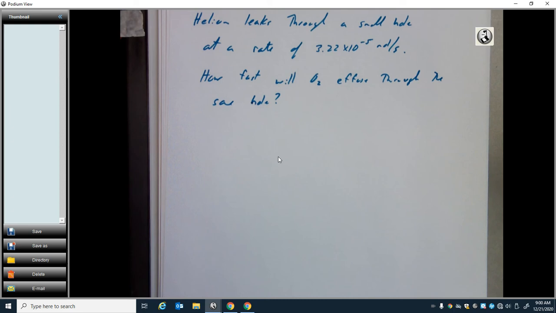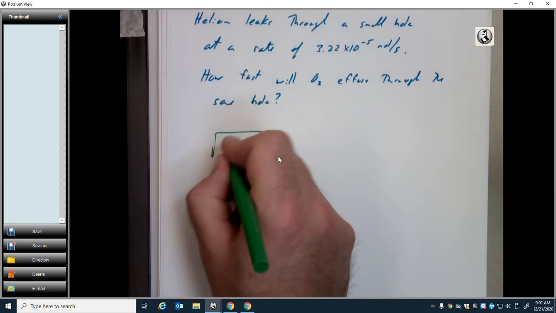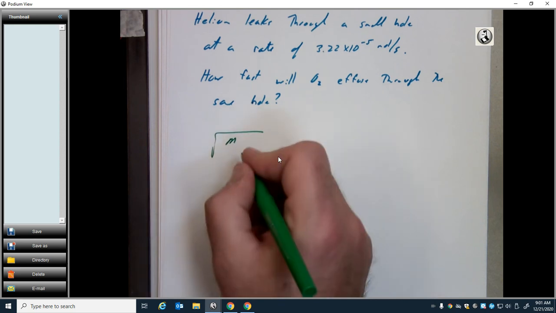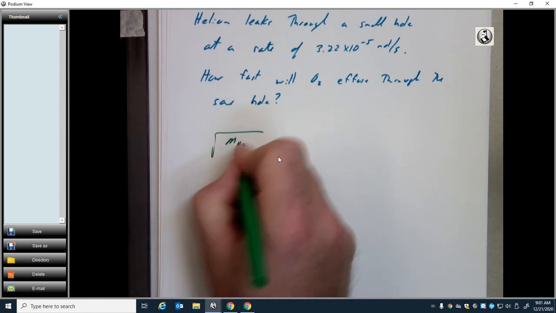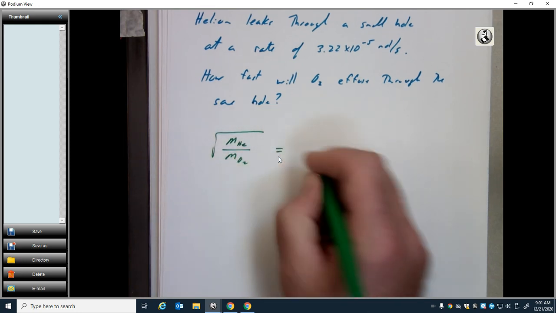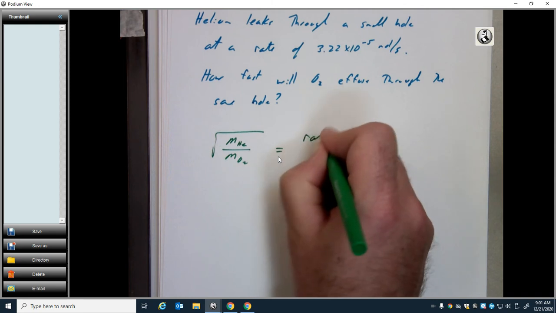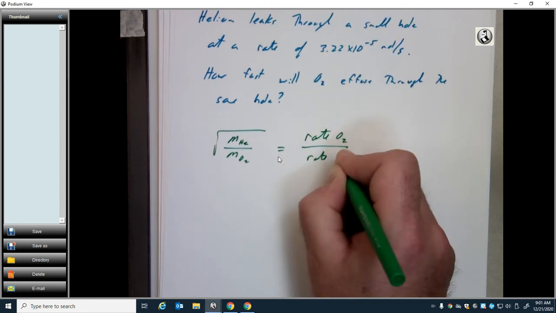Well, this becomes a pretty easy problem. Take the square root of the molar mass of helium over the molar mass of O2, which equals the rate of O2 over the rate of helium.